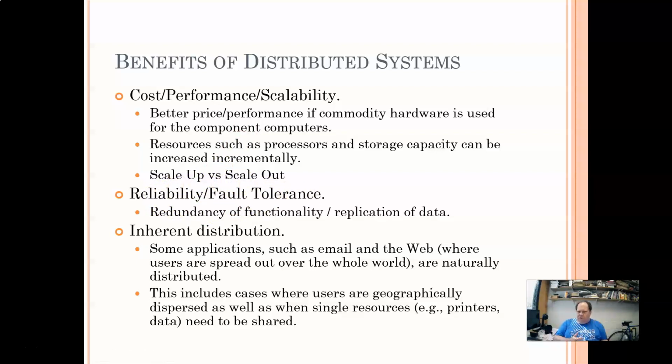So if a service fails or a database fails, in most cases your system will still operate and you're still able to provide a level of service. And then the reason why we might consider distribution is because some applications just are distributed. There's no way around it. They're naturally distributed applications. They can be distributed because users are geographically located, or because they're on the web.